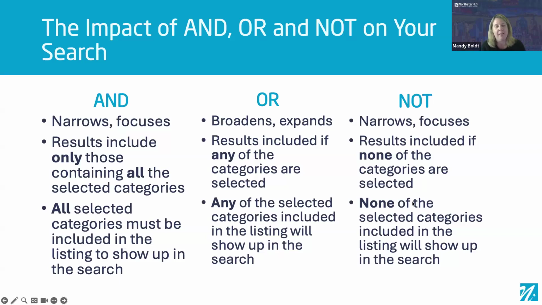If you want lakefront and riverfront, you're going to get the listings that have only those two components in them. If you do lakefront or riverfront, you're going to get all the ones that are lake and all the ones that are river. If you choose not, again, it's that narrowing. It's going to exclude those specific categories that you do or don't want.